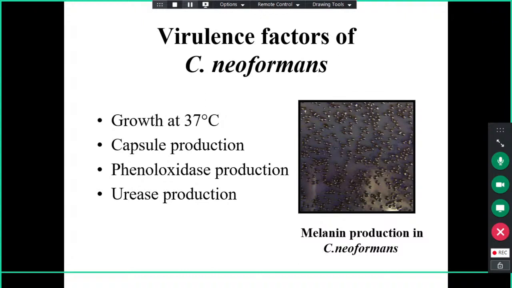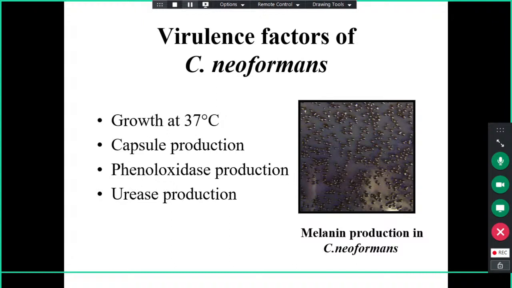And what are the virulence factors that help this Cryptococcus to enter the brain? Normally, some environmental Cryptococcus are there in the environment. So why can't they cause disease?